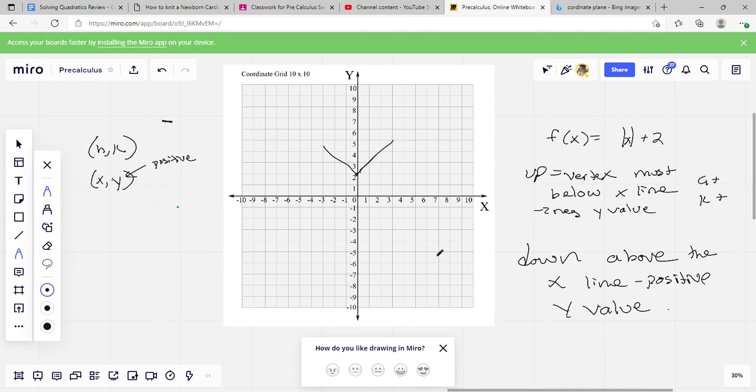Whoopsie. So if A is positive, K has to be negative. If A is negative, K has to be positive, right? So what that means is A is positive means it's facing up. So K has to be negative. It has to start down here somewhere, right? Then it will cross. Okay. If it's facing down, A is negative, then K has to be up here somewhere, so that it'll cross. Okay.